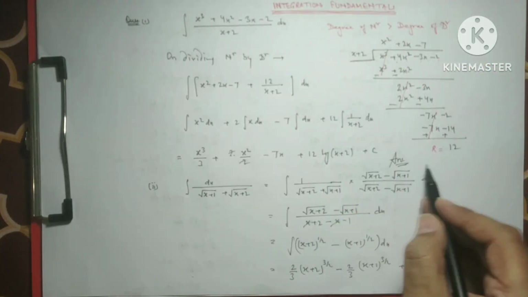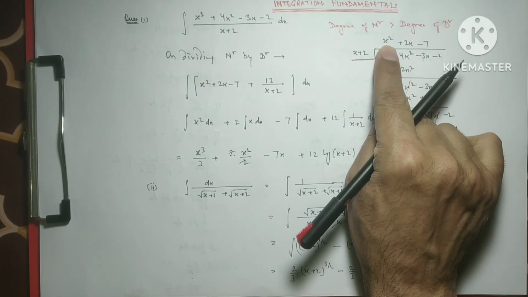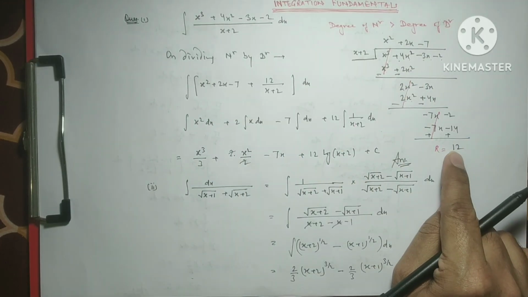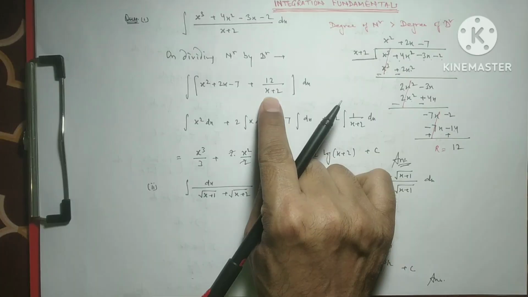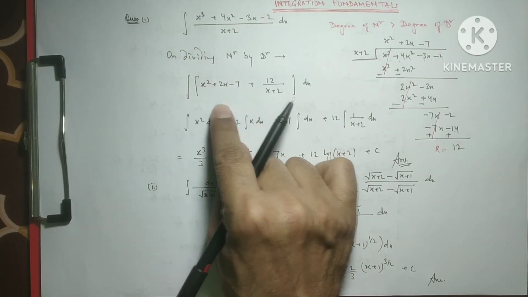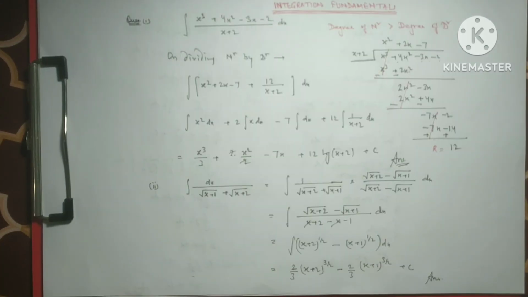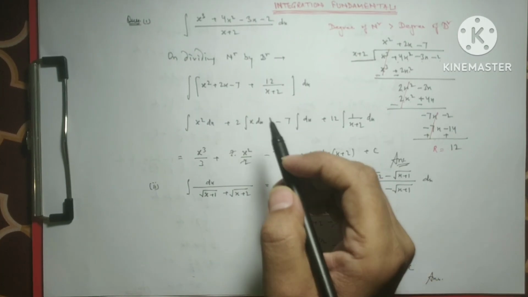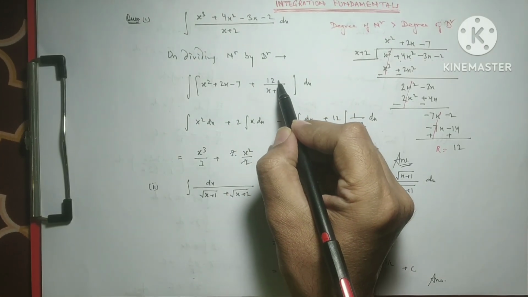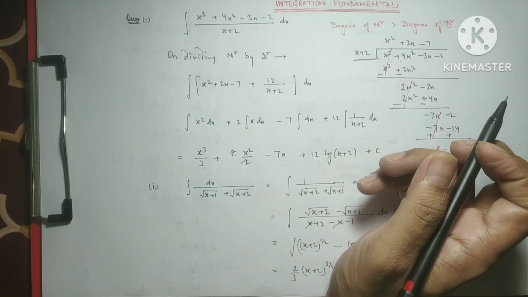So we can express this as x square plus 2x minus 7 plus our remainder over x plus 2. So this expression right now is converted into this. Right now we can see the degree of numerator is lesser than degree of denominator.